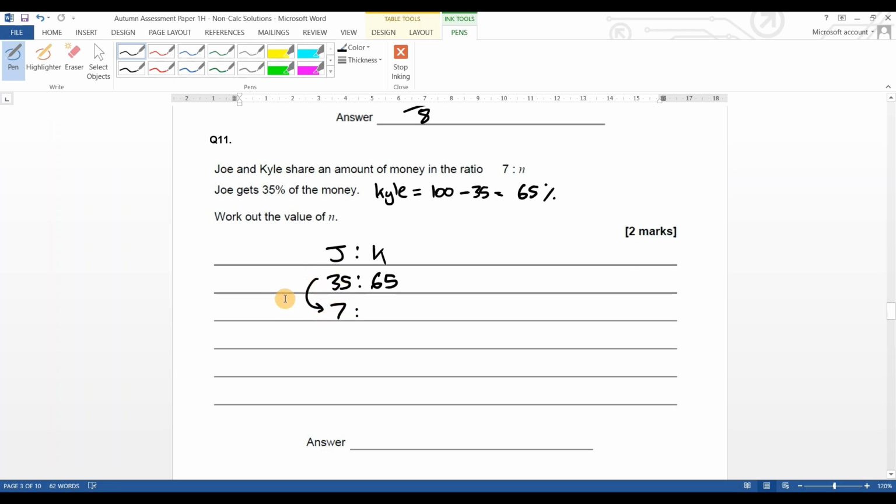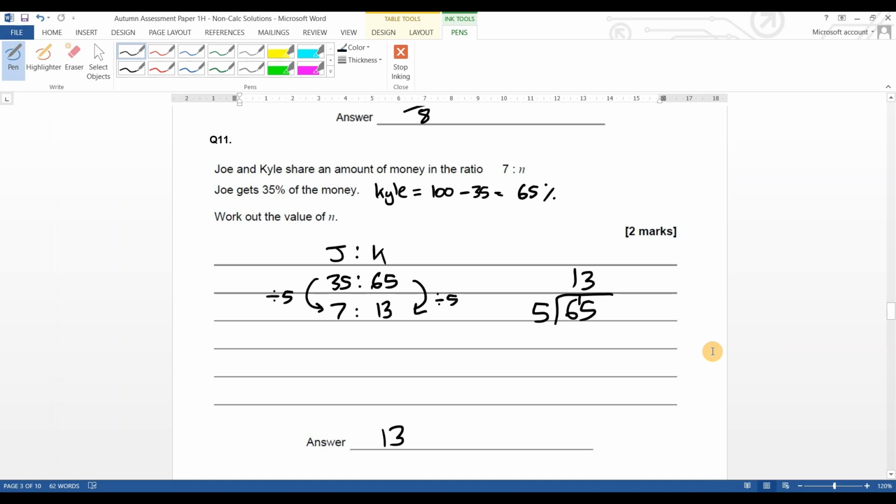How do you get from 35 to 7? Well, you have to divide it by 5. Let's divide this side by 5 as well. How many 5s go into that? You can do it on the side if you're not sure. It's going to be 13, isn't it? Yep, so n is going to be 13. There you go. So n equals 13. That's what it's asking for.